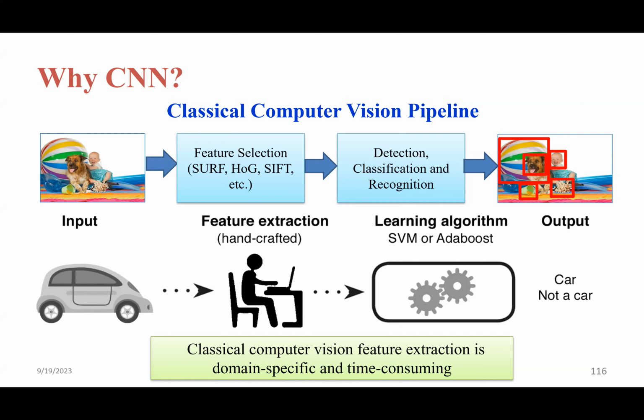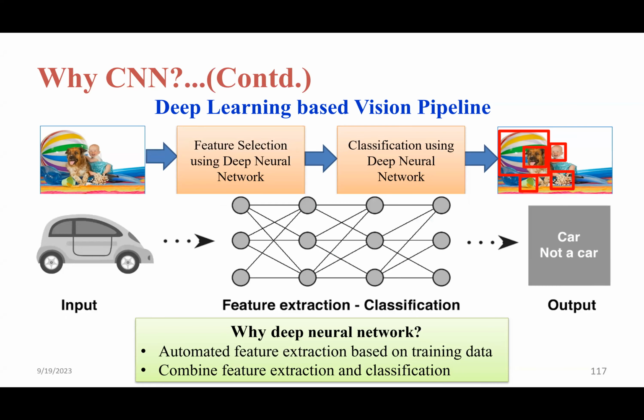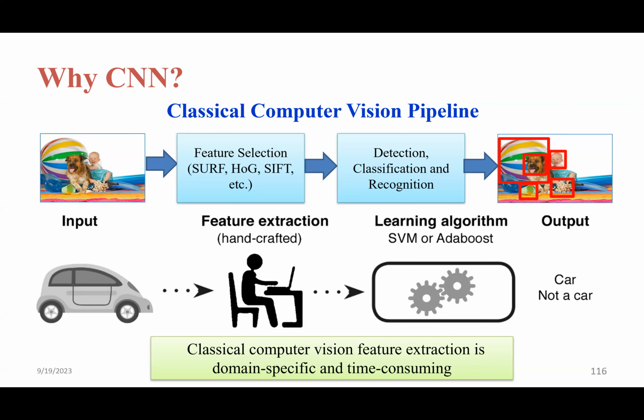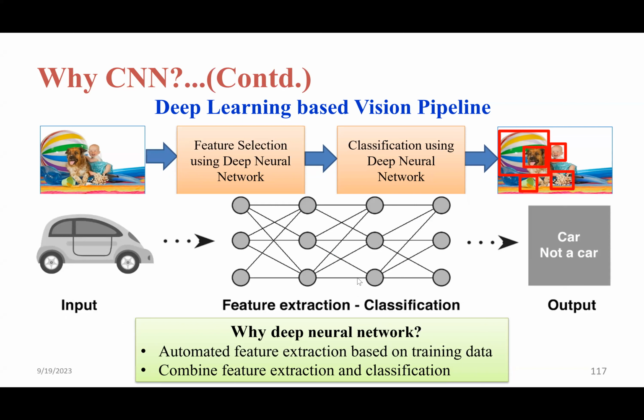Now, instead of machine learning, what if we used a deep learning based computer vision pipeline? Look at this figure. In deep learning, if we use a deep neural network, we don't need manual feature extraction. So the first thing is that the use of a deep learning model overcomes the problem of manual feature extraction.